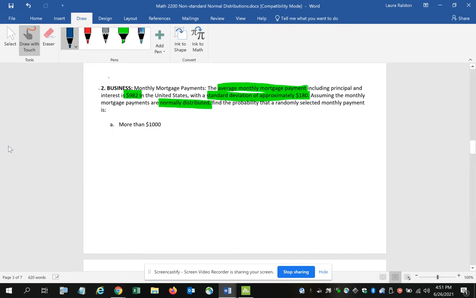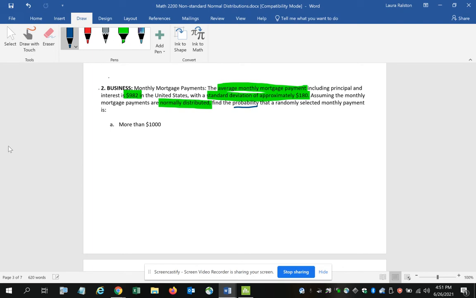So here again, in the scenario, you're told that the monthly mortgage payments are normally distributed. The average is 982 and the standard deviation is 180. You have to know those three things. And then this one says find the probability.